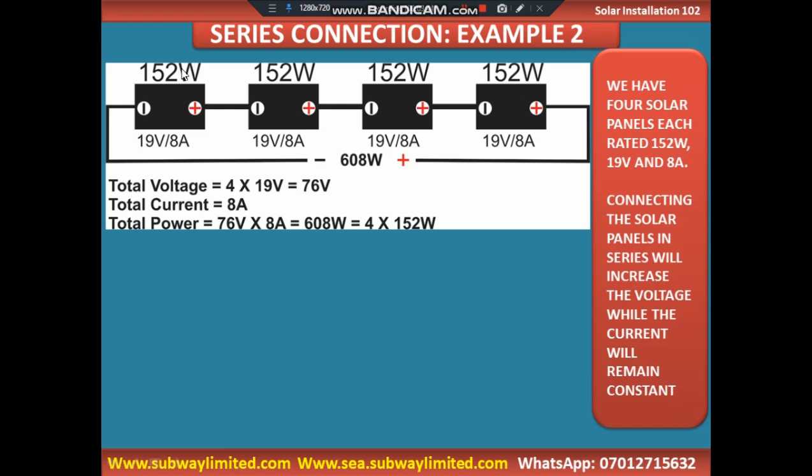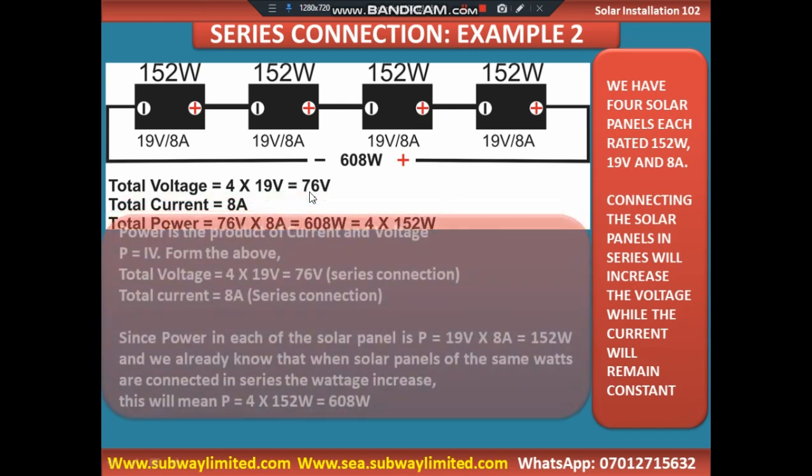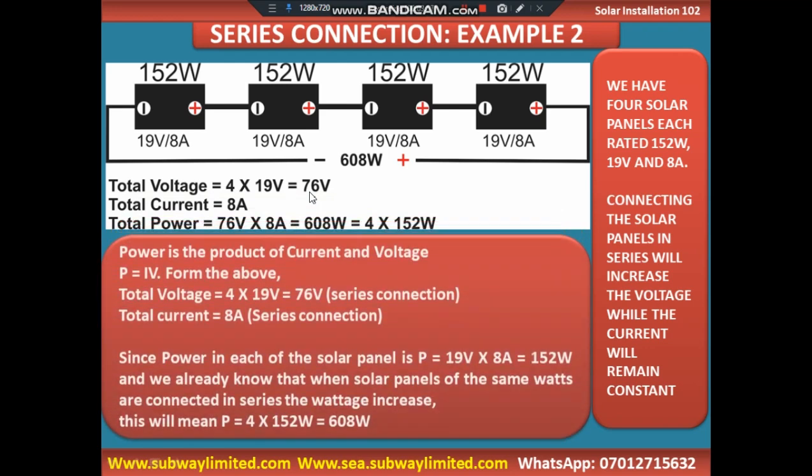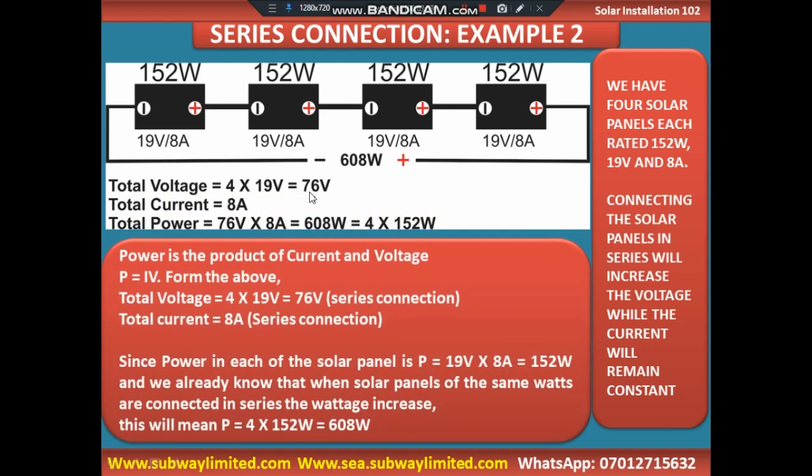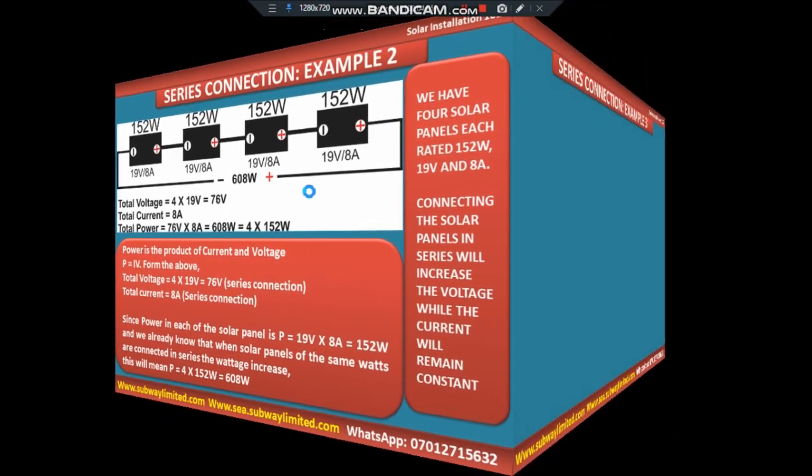So when we have 4 solar panels, each as rated on this, the result is what we are having here. And this is exactly what I have already explained. You can go through it and get a clearer picture of what I am saying here.